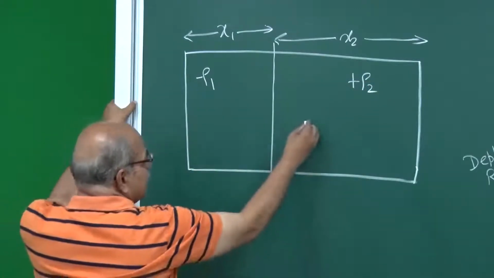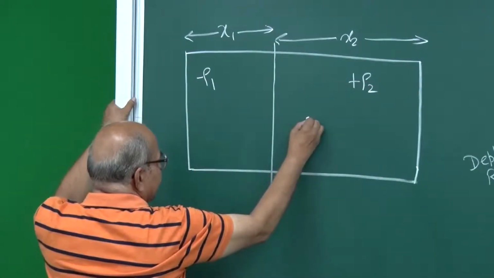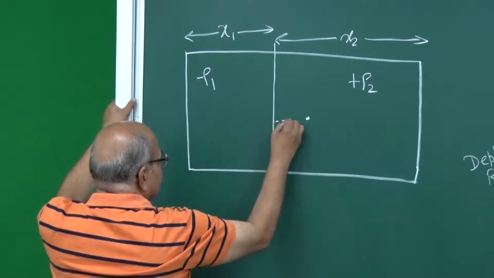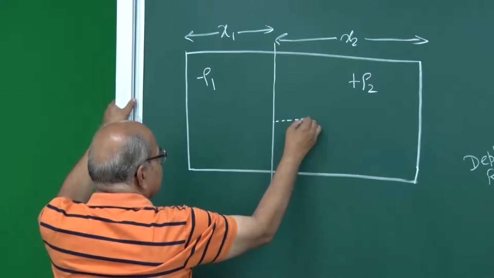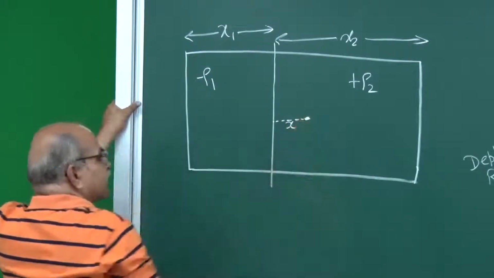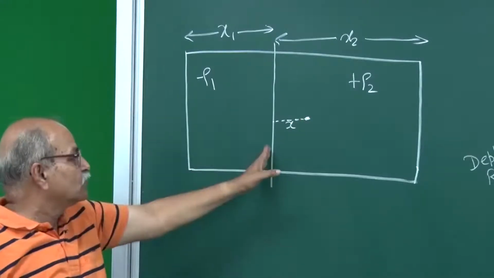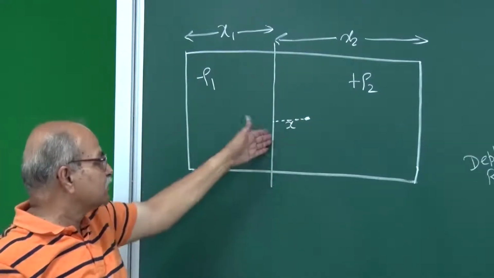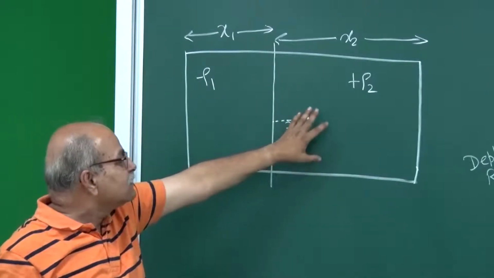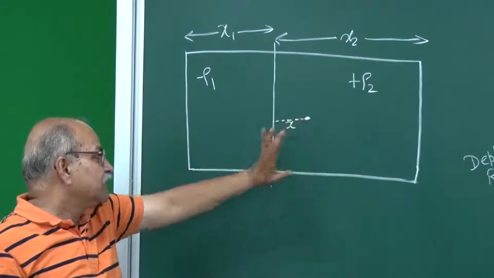And suppose I need the electric field at this point at some distance y, which later I will call x, the electric field at x. This is x equal to 0, remember, the junction is x equal to 0. So at distance x, on that n type side, I am putting a point here.